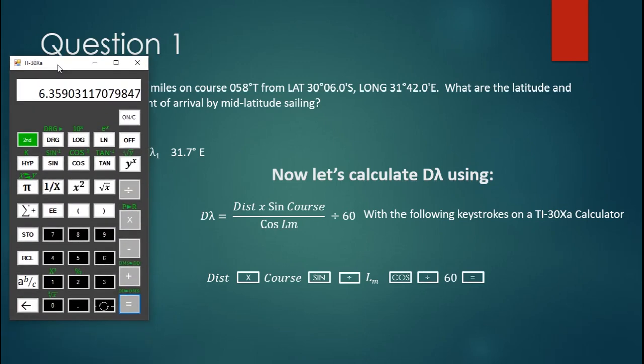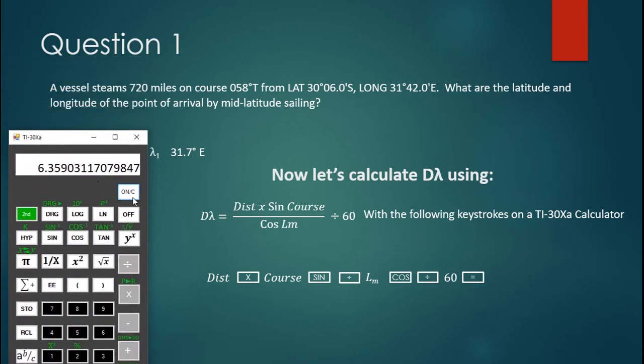Okay, so we will clear that out, and we'll say 720 for our distance.